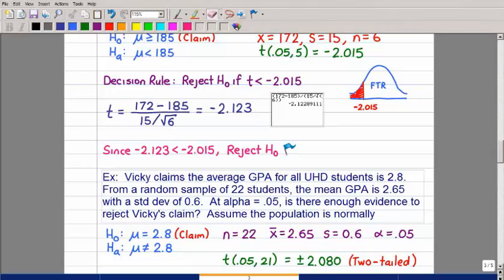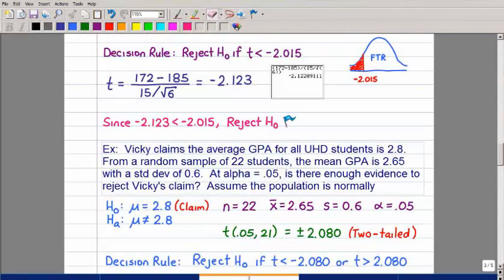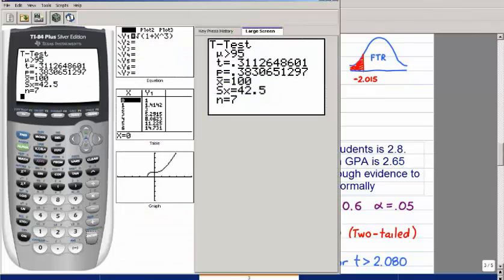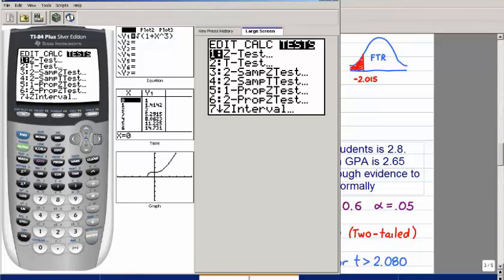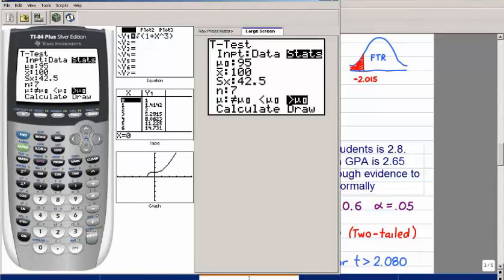I don't have the calculator box for this one, but I'll do it real quick. So we'll go stat, test, t-test, stats.